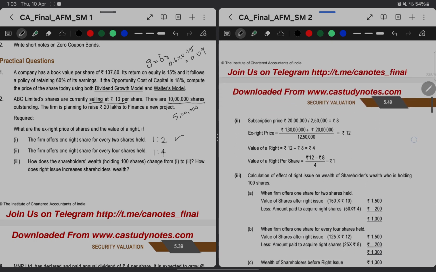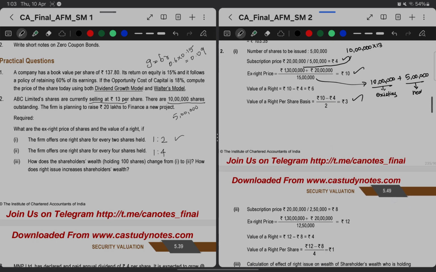Now going further, the second requirement, same way we will be solving the second requirement also, but in the second case it is 1:4. So the subscription price also will change and even the number of shares to be issued also will change. So in the second requirement, number of shares to be issued will be 10 lakh divided by 4, so 2,50,000.